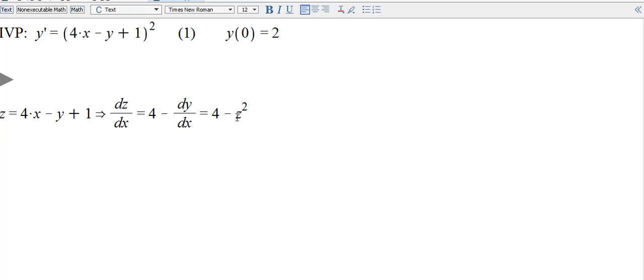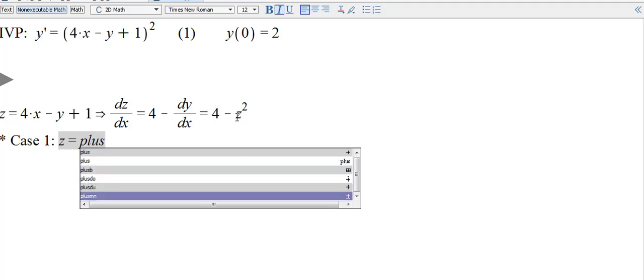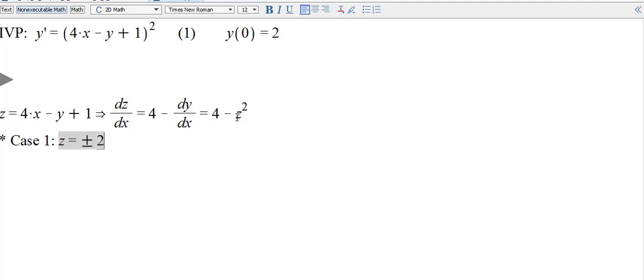Now, notice here that we will have two cases. Case 1, we have to consider if z is equal to plus or minus 2.